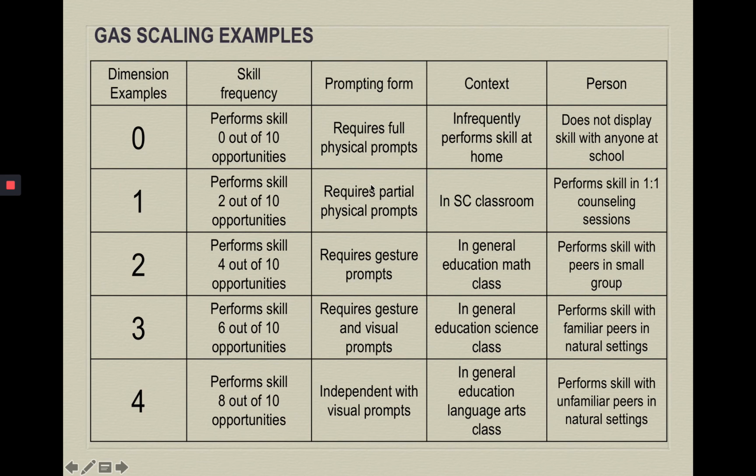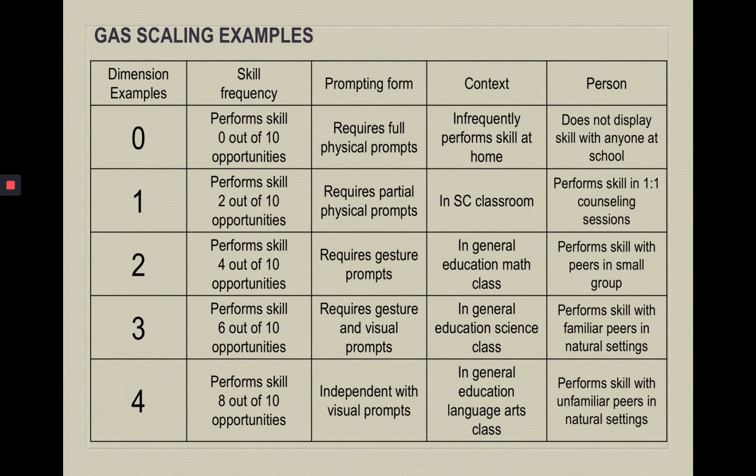All right, so we're going to scale according to this. The first level might be that we require partial physical prompts. So I don't need a full hand over hand, but I just need to bump his elbow.